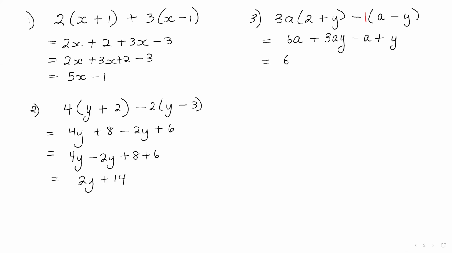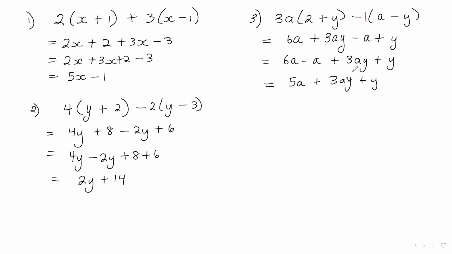So this will be 6a minus a plus 3ay plus y. So finally, this whole thing will be 6a minus a, which is 5a, and then 3ay, sorry, plus y. You cannot simplify, you cannot add y to 3ay. They are not like terms. They could only add a's to other a's. Okay? ay literally means a times y. So it's not the same as y by itself.